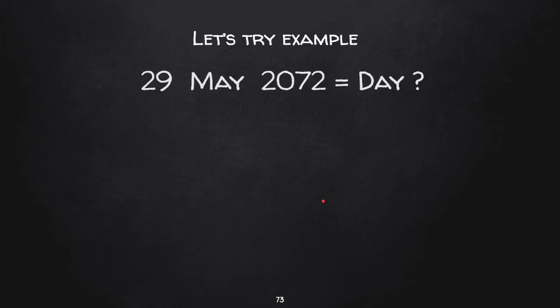What is the day of the week on 29th May 2072? We can subtract the multiple of 7 from date 29 and we get 1 plus 0. 0 is the month code for May.